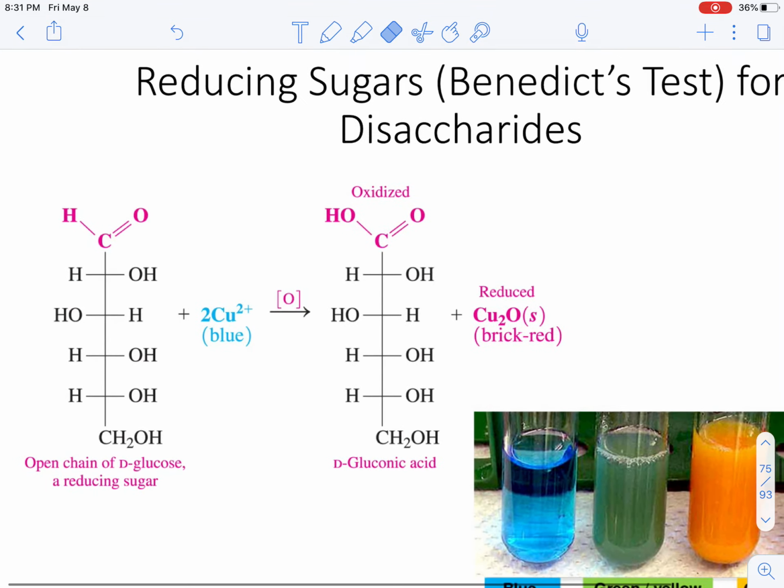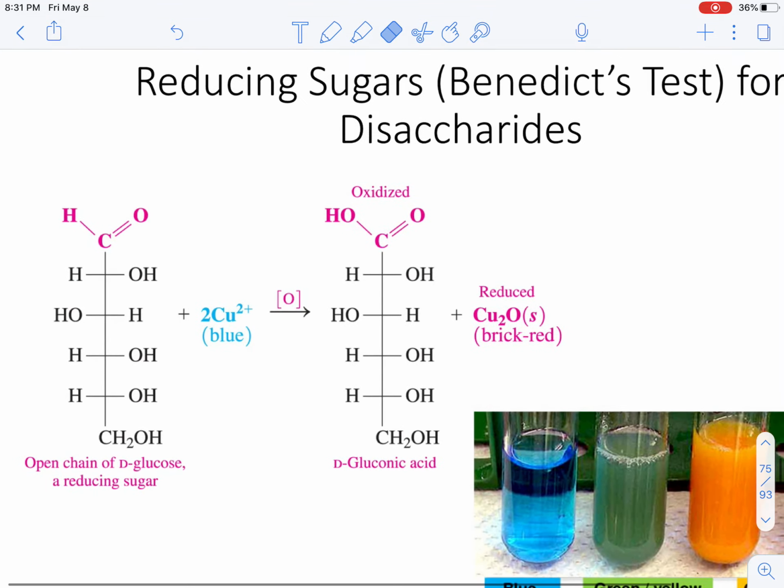There are a lot of things I need to discuss before we talk about this actual chemical reaction, so let's focus on this terminology, since that's pretty new. What is a reducing sugar? In short, a reducing sugar has an anomeric carbon that is free so that it can undergo a reaction with something else. Okay?